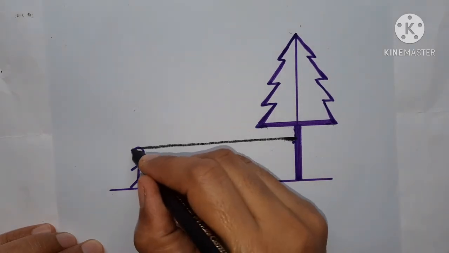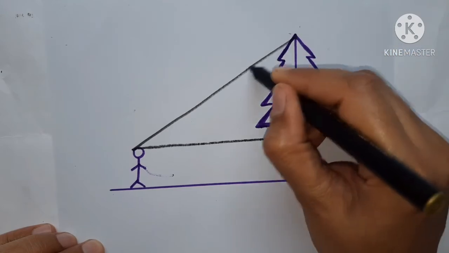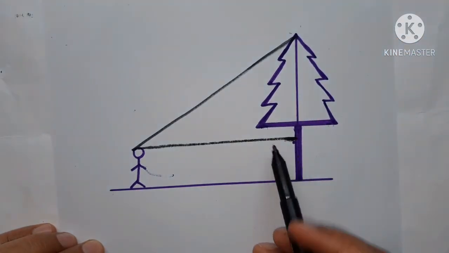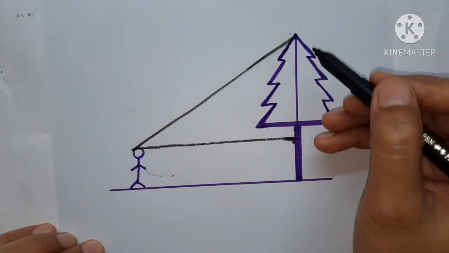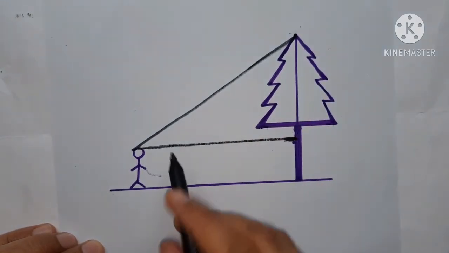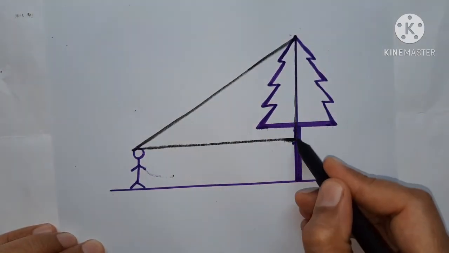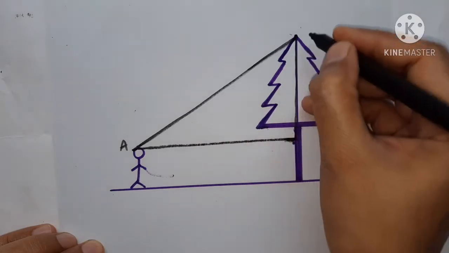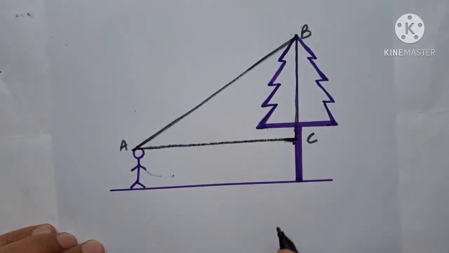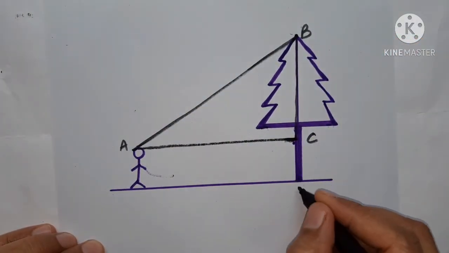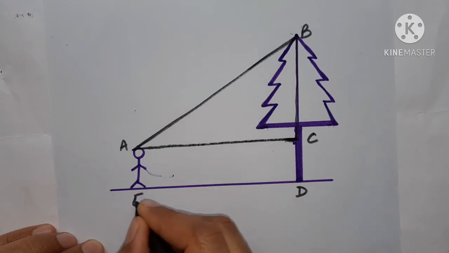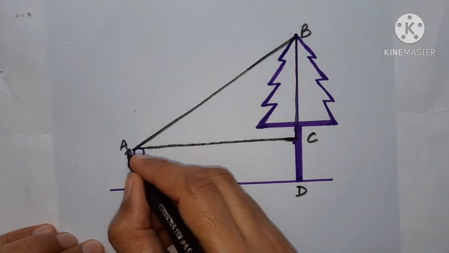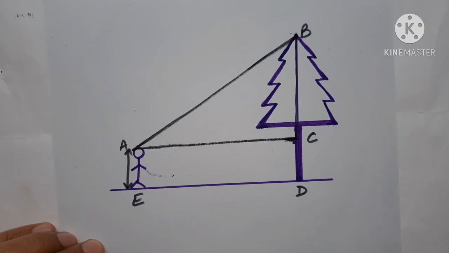If I draw another line to the top of this tree, it becomes a triangle. This is a triangle now. I can call it triangle ABC, and further points D and E. A and E is the height of the person.